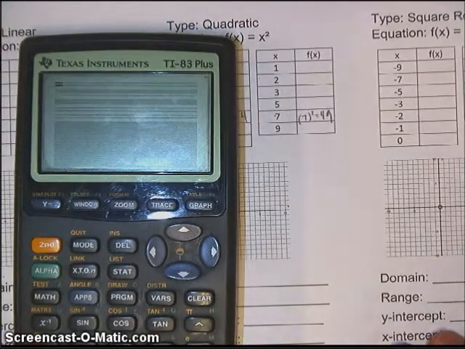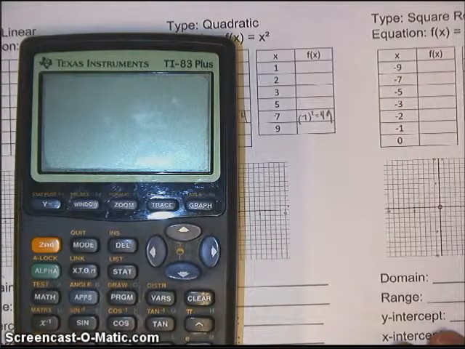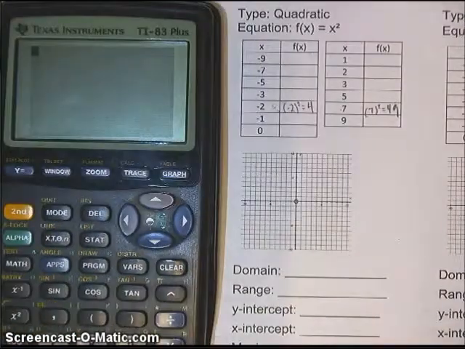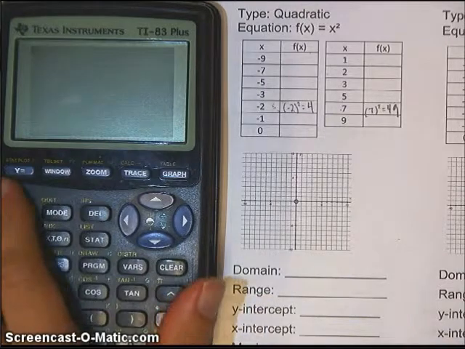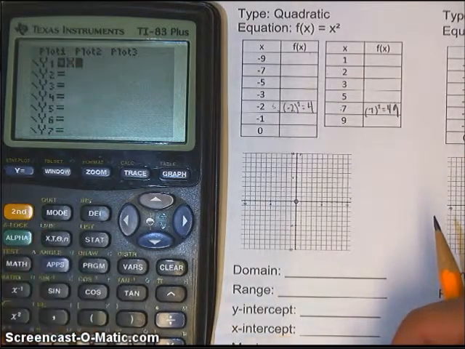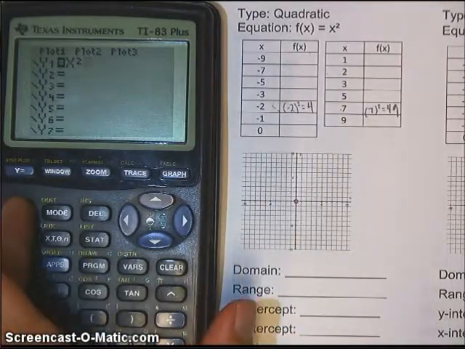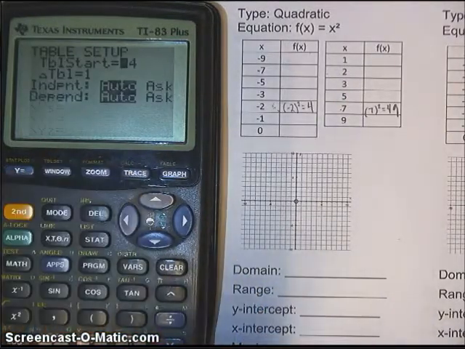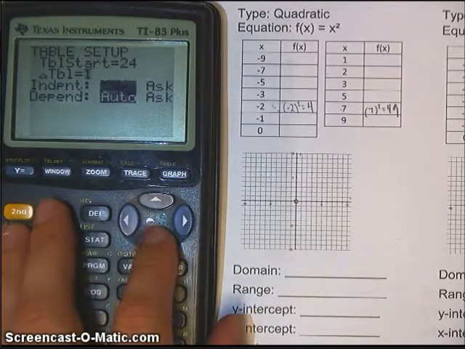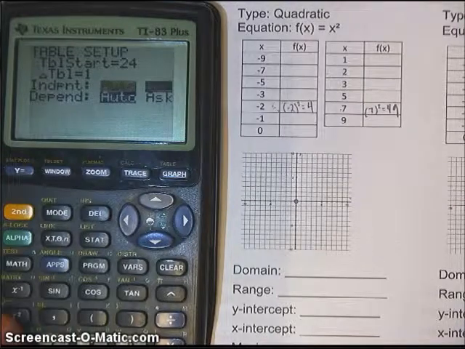Turn it on. You're probably going to want one that's not broken. Let me go get a different one. Alright, that's better. If you go to y equals and type in the function x squared, what I like to do is go to second, table set, and then go down to the independent variable and change it to ask.